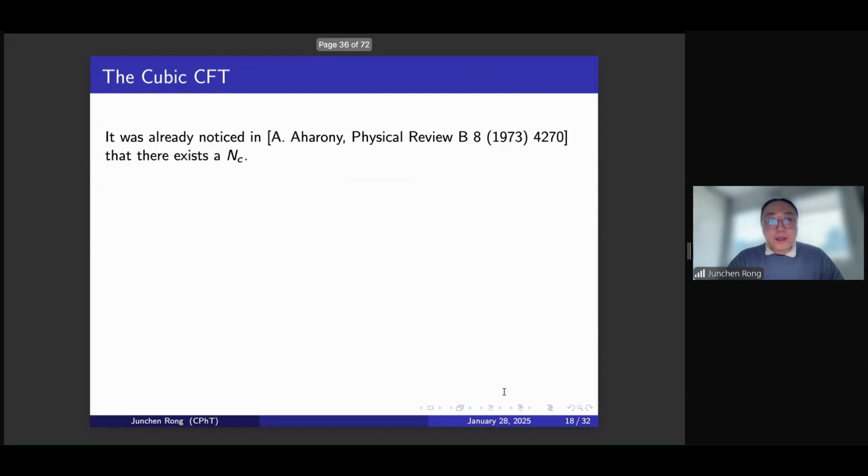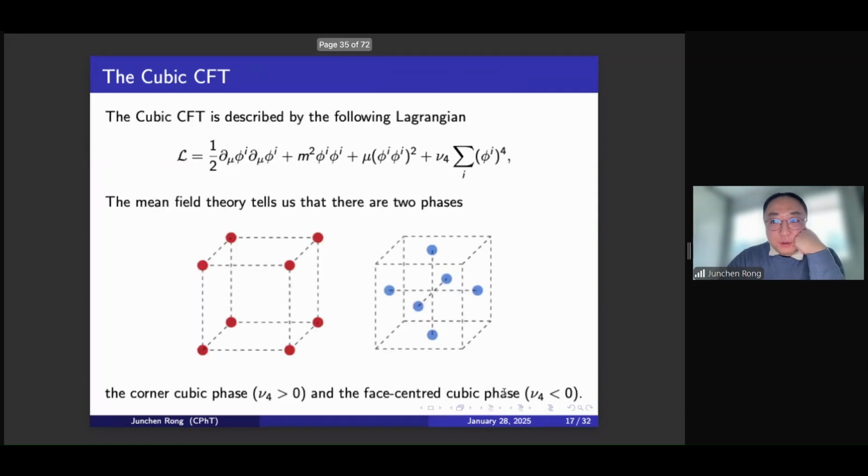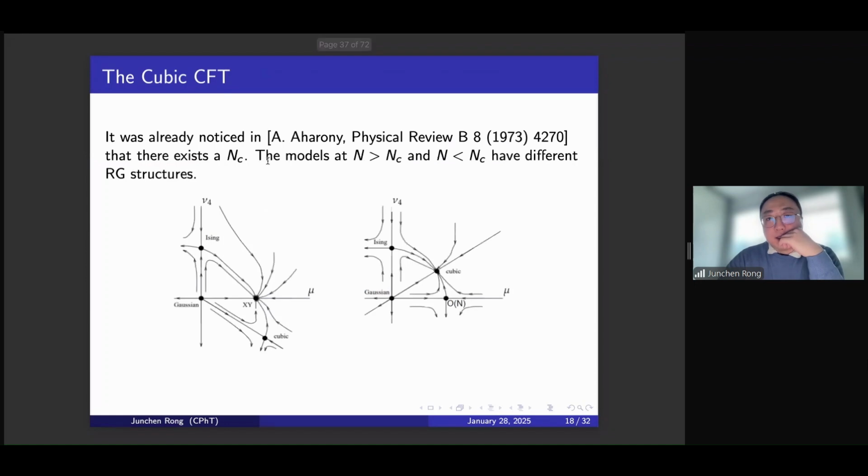It was already noticed in a very early paper by Aharony that you can generalize this to N copies, because the cubic group can be generalized to N copies. And there's an RG flow analysis using perturbative epsilon expansion. There exists an N_c. When N is bigger than N_c, your RG flow looks like this.